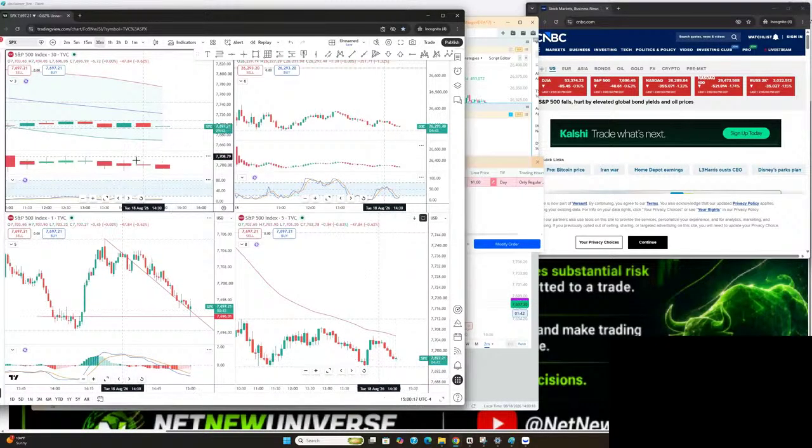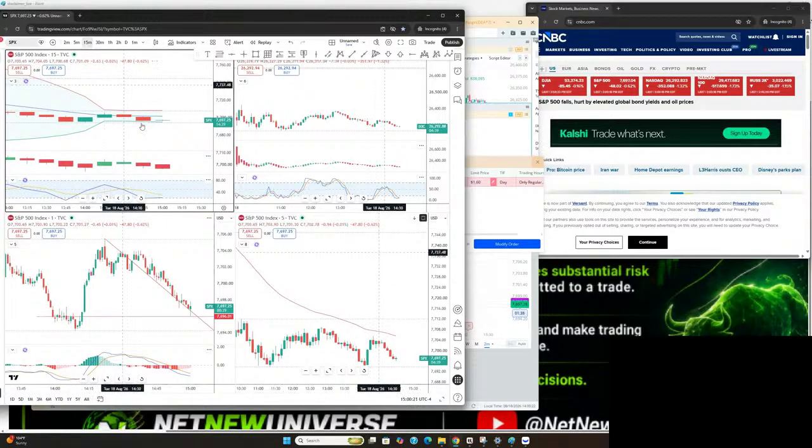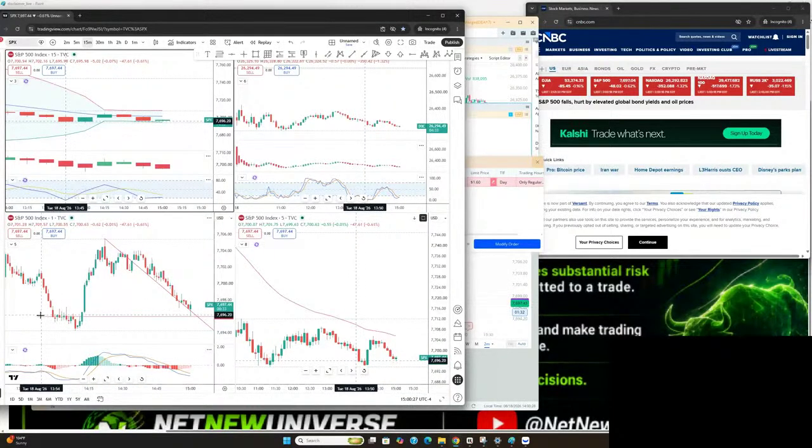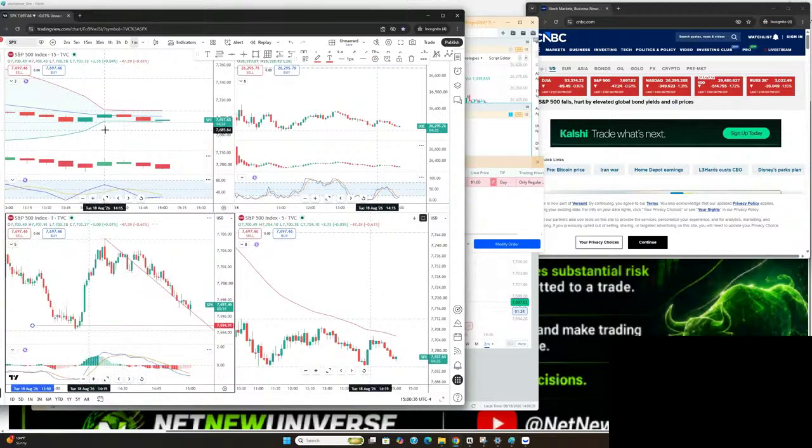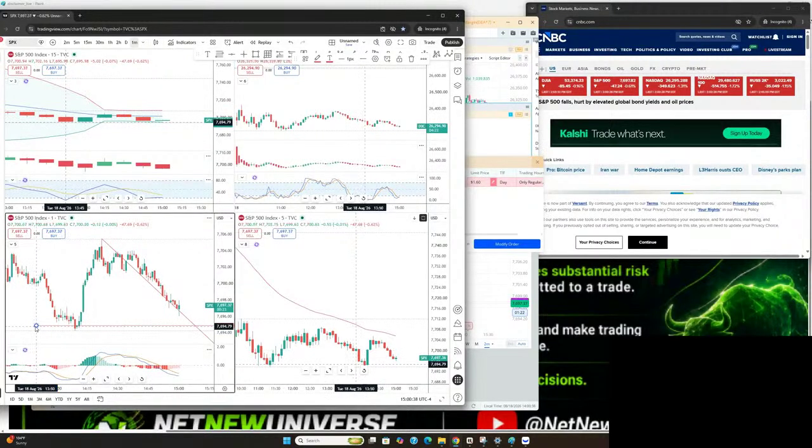Okay, then there's no space here for the drop. There's very little drop space. I'm basically looking for the last swing red candle to draw the base.